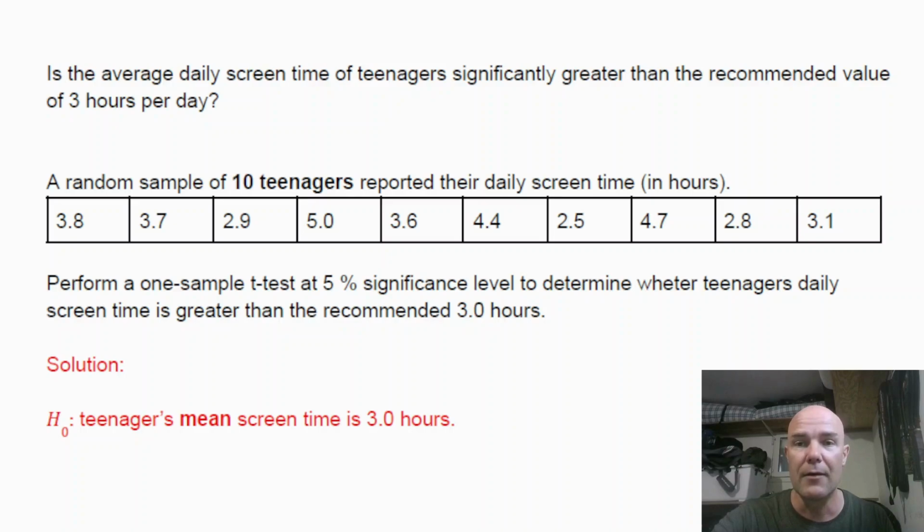Then the alternative hypothesis is always what we are trying to check, and that is that teenagers' mean screen time is greater than 3 hours. Now we will look at how you go forward with the calculator.